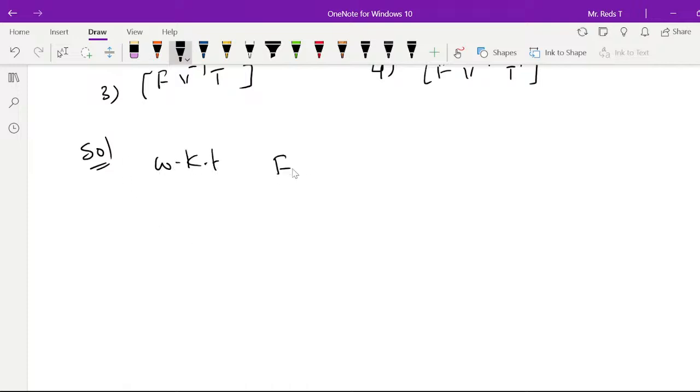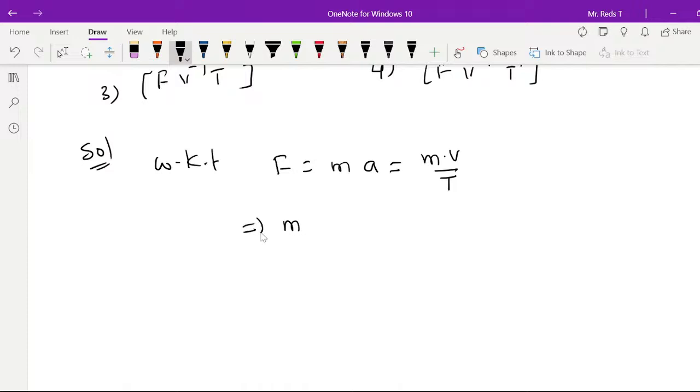As we know, force is equal to mass times acceleration. And as acceleration is velocity by time, we can also write this as mass into velocity by time. So by using this, you have to write the expression for mass.